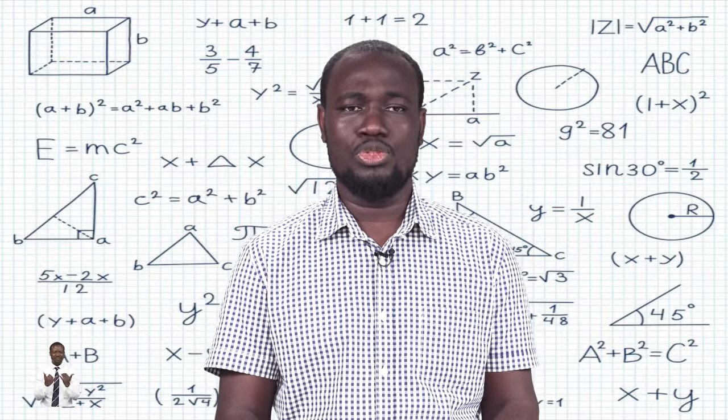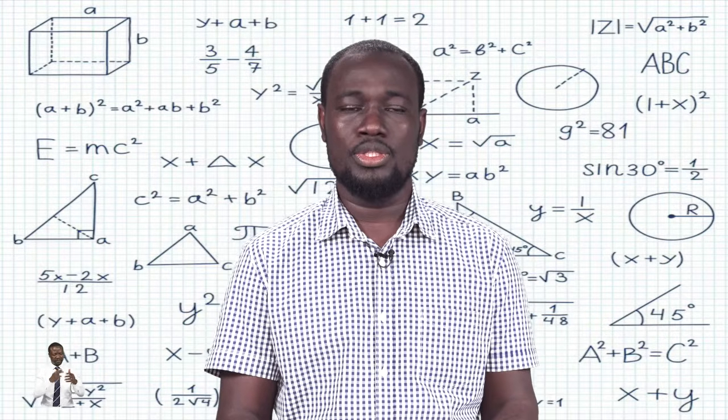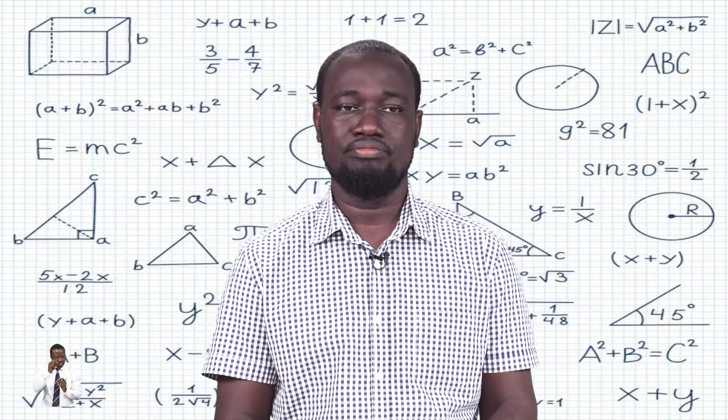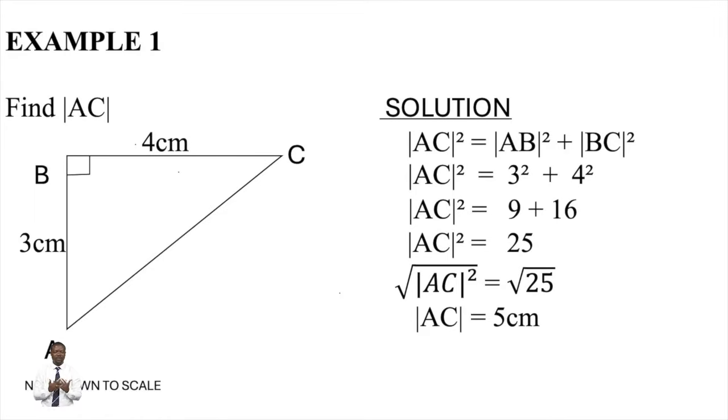Now let's move to solving some problems involving the Pythagorean theorem. On our screens is a right-angled triangle labeled ABC. We are being asked to find the magnitude of the line AC. Line AB has been given as 3 centimeters and BC given as 4 centimeters.